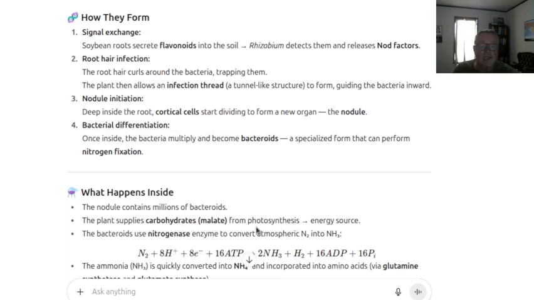So that means the leaves are out there being exposed to the sun, and that gives us our energy source to do some of this process. The bacterioids use nitrogenase enzyme to convert atmospheric nitrogen into ammonia. But how does that actually get inside the cell? That's the next thing I want to show.